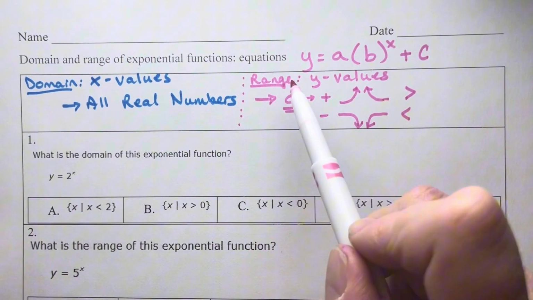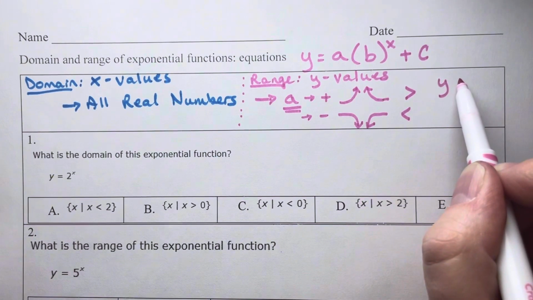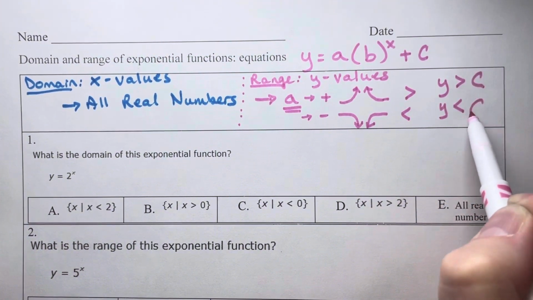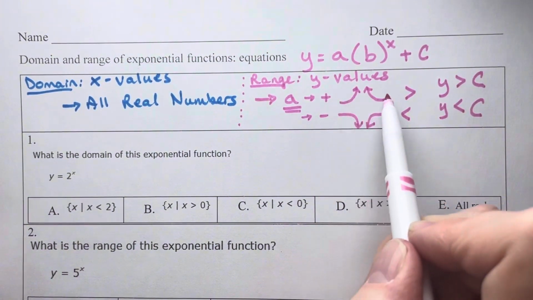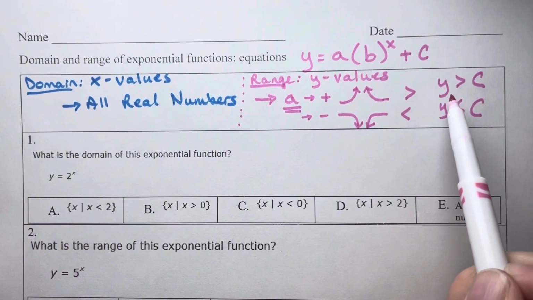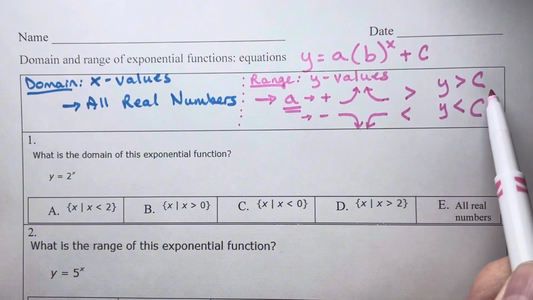So our range is always going to be y greater than or less than c, depending on which direction our graph is going to be traveling. Because our asymptote is whatever c is, y equals c.